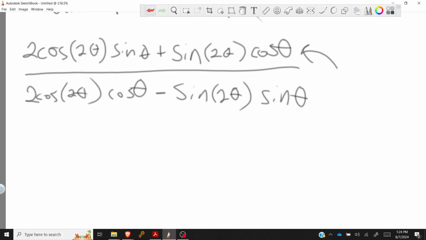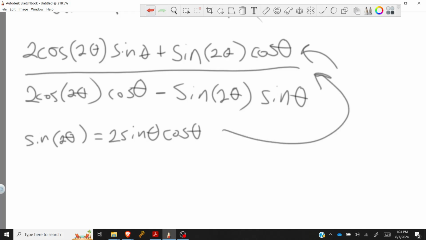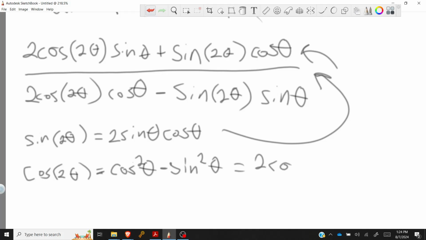So there's a couple ways of doing this. One, let's notice that sine of 2 theta is equal to 2 sine theta cosine theta. So we can sub that in here. Cosine 2 theta is equal to a couple things. It's equal to cosine squared theta minus sine squared theta, and it's also equal to 2 cosine squared theta minus 1.